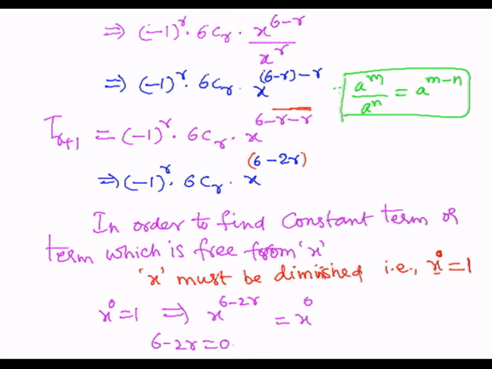The next logical step: since 6 minus 2r is equal to 0, then minus 2r is equal to minus 6, when positive 6 is transposed to the right hand side. Then minus and minus get cancelled. So in order to find this r value, 2r is equal to 6.